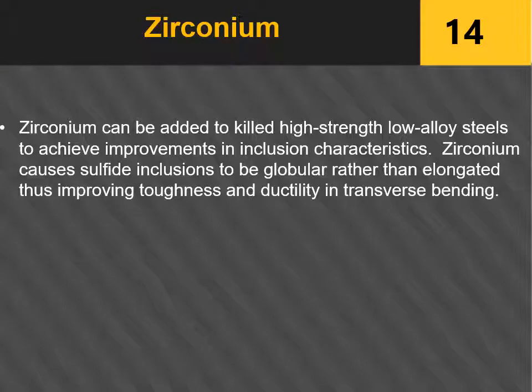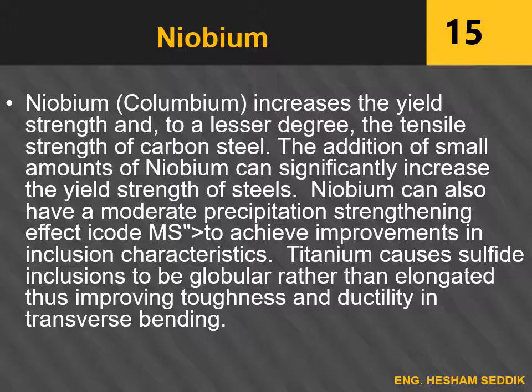Zirconium: if we add zirconium to our steel, it is added to kill the high strength low alloy steel, and it also produces stabilized material, affects ductility, and improves toughness. Niobium increases the yield strength, and niobium also improves the stabilized material if we add it to stainless steel.